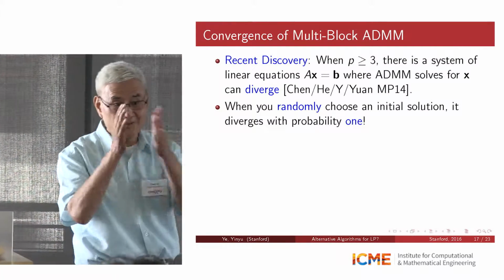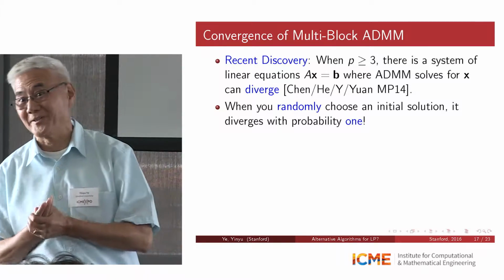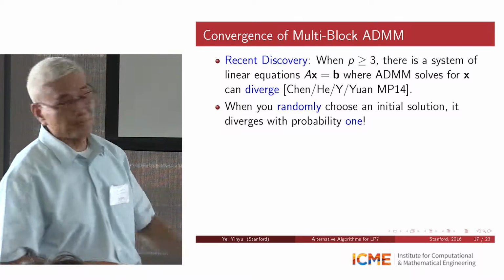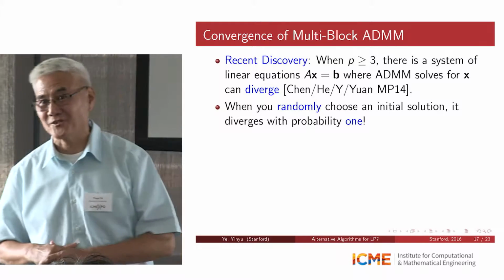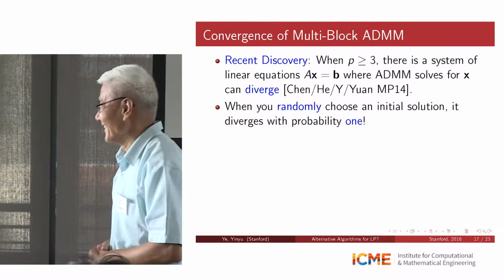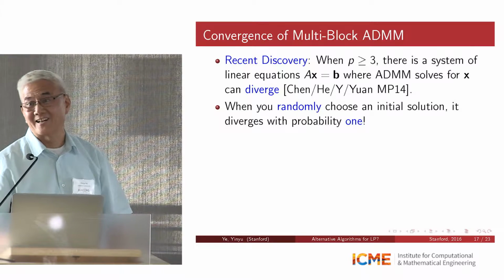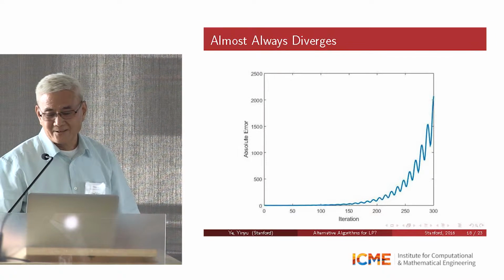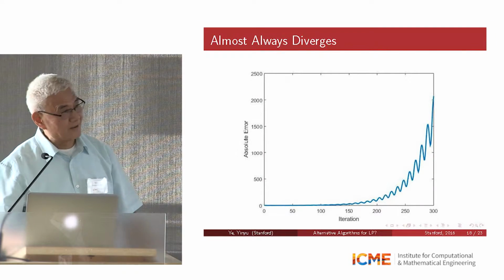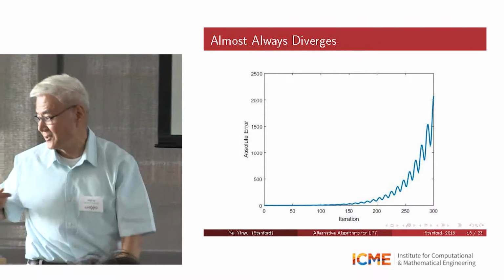You may say, oh, because you have a lousy starting point, maybe a better starting point would converge. But we actually proved that if you randomly generate the initial points, divergence happens with probability 1. So it's generic, it's not bad luck. You can draw the pictures. The solution should go to zero, but actually the magnitude of the solution goes to infinity.